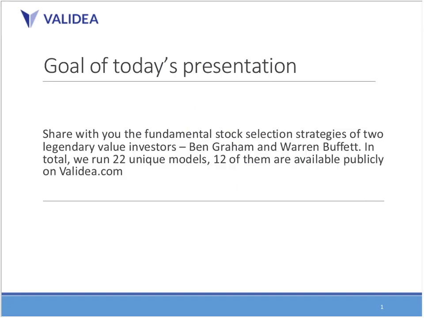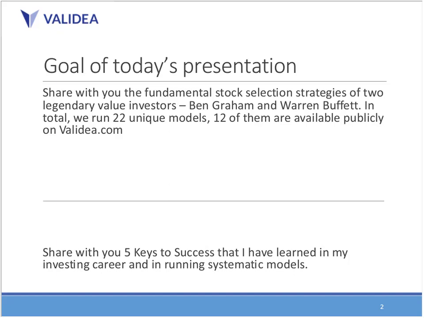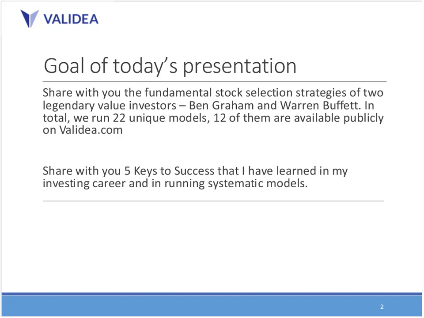The goal of today's presentation is I'm going to share with you some of the fundamental stock selection strategies of two legendary value investors, both Benjamin Graham and Warren Buffett. In total, we actually run 22 strategies, of which we make 12 available publicly on our website, Validea.com.